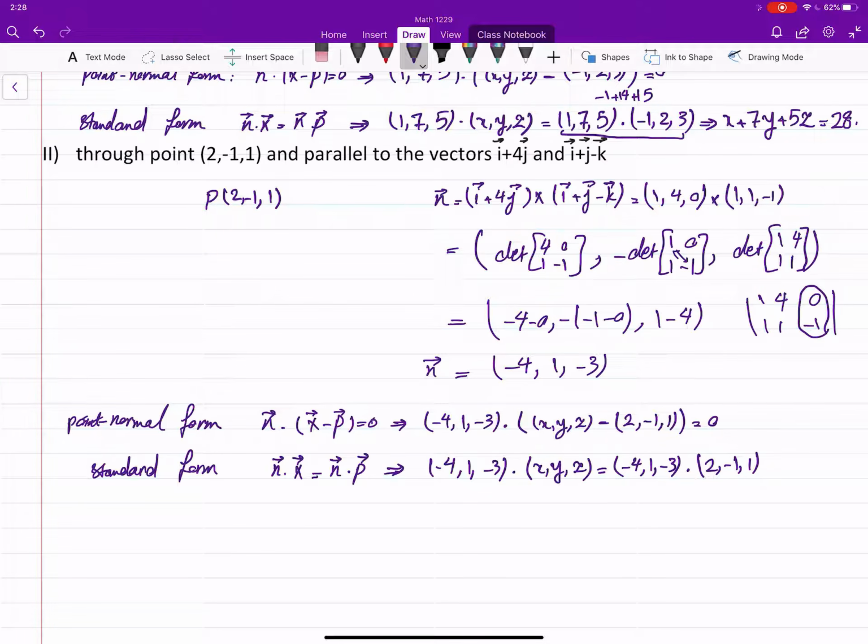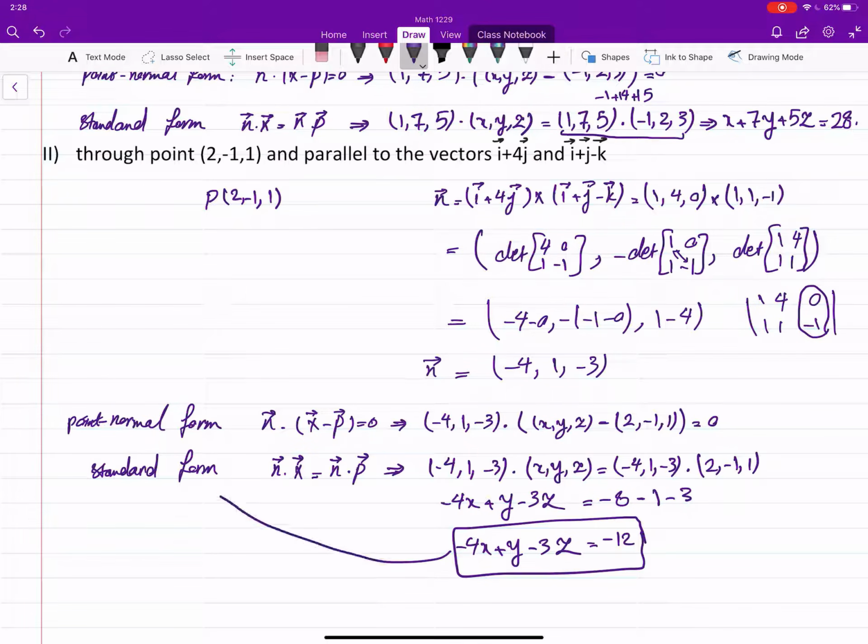While the left hand side gives us -4x plus y minus 3z, the right hand side gives us -8 minus 1 minus 3, and that adds up to -12. So -4x plus y minus 3z equals -12. That is the equation in the standard form. This is the equation in the normal form.